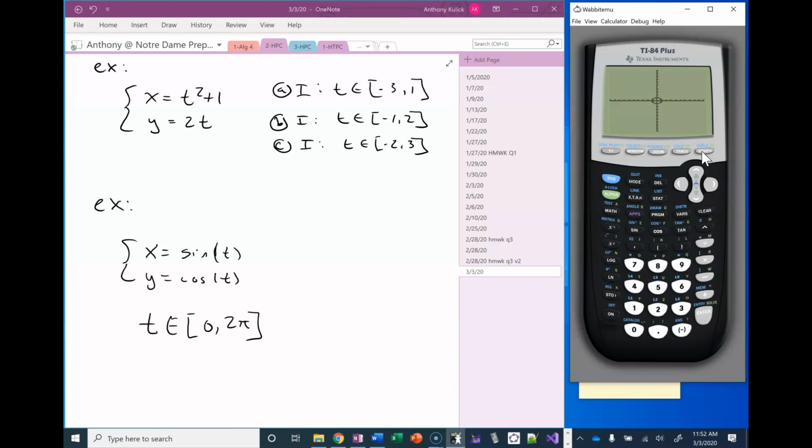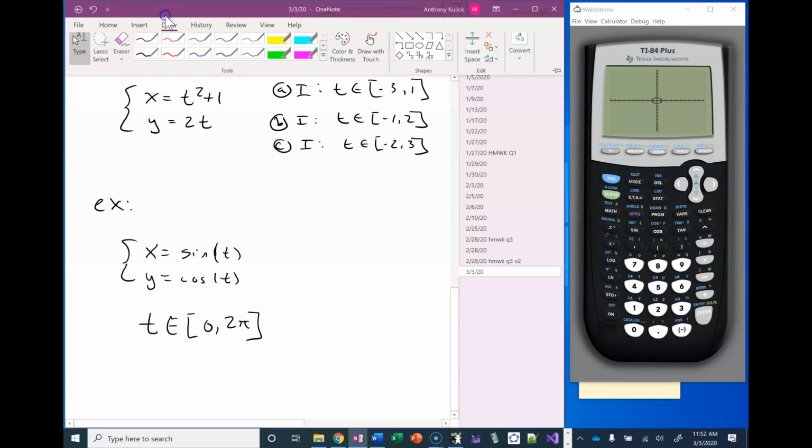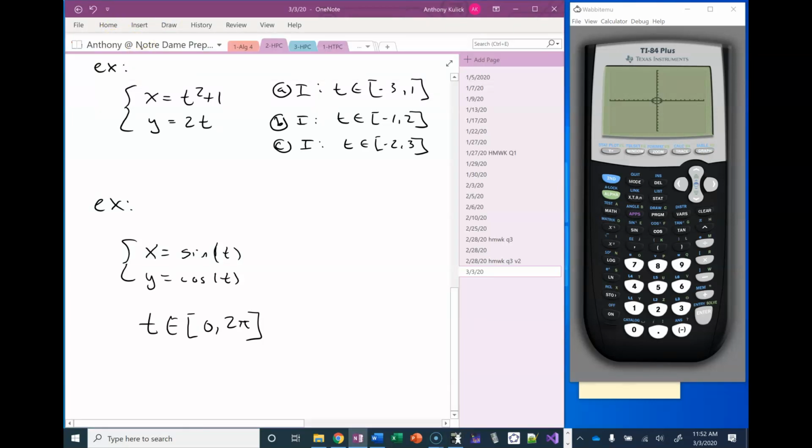Is everybody okay with that? Okay. Does everybody feel reasonably comfortable taking a parametric equation and getting a graph out of it with our calculator?